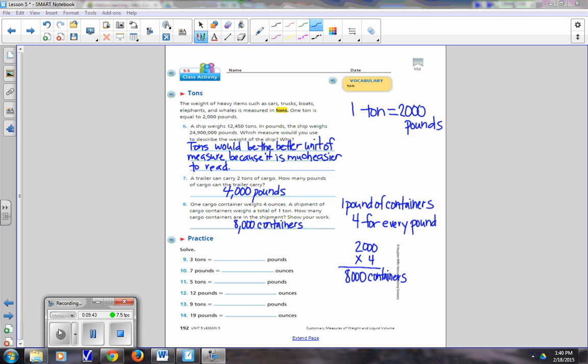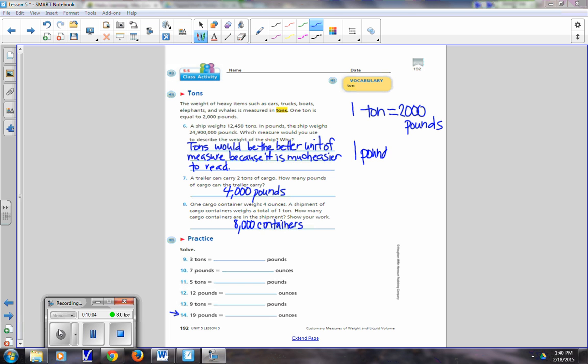So these are pretty easy conversions. I'm going to do a couple with you and have you do a couple. I'm going to start at the bottom because it's one of the harder ones. 19 pounds equals how many ounces? I know, and I'm going to write this from the other page, 1 pound equals 16 ounces. And you might see ounces written like this, OZ. That is the abbreviation for ounces.